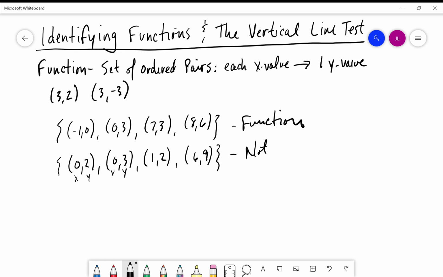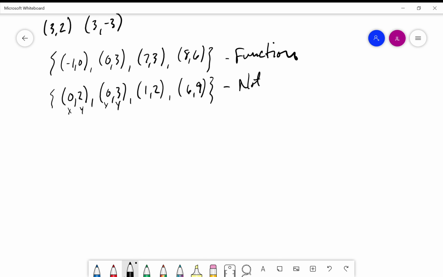Right? So, now, if we want to look at this with regards to a graph, this is what we talk about with the vertical line test. If we see a graph, we can ask, is this a graph of a function? So let's say we have a parabola, looks like that.